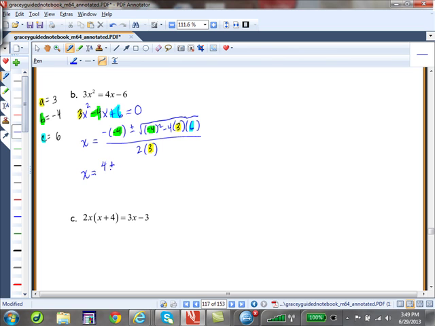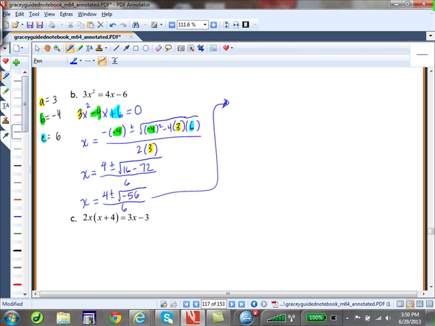So we'll get 4 plus or minus the square root of 16 minus 72 all over 6. So x is 4 plus or minus, 16 minus 72 is, I believe, is it 56? Yeah. So negative 56 under the radical. And then we have a 6 down here.